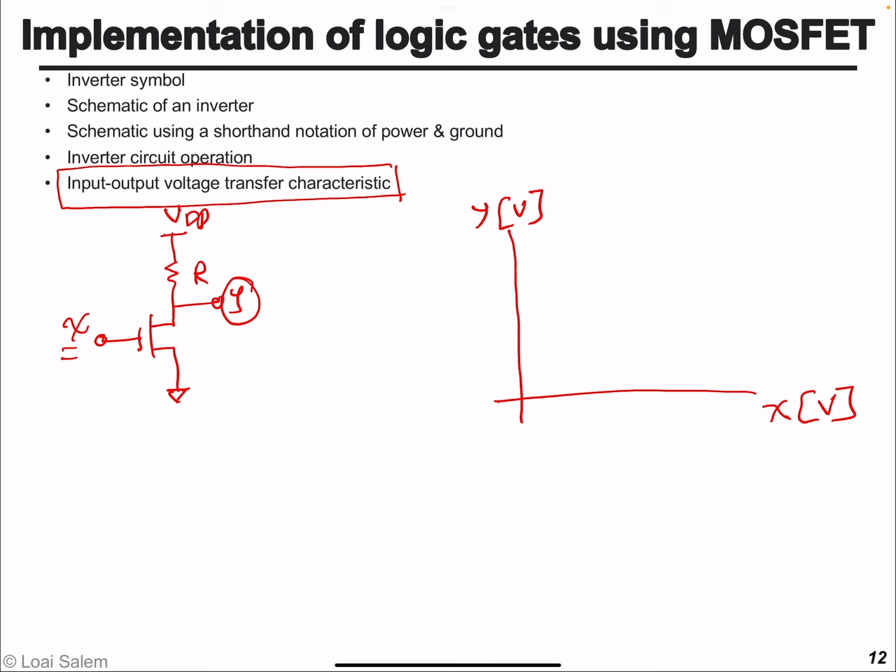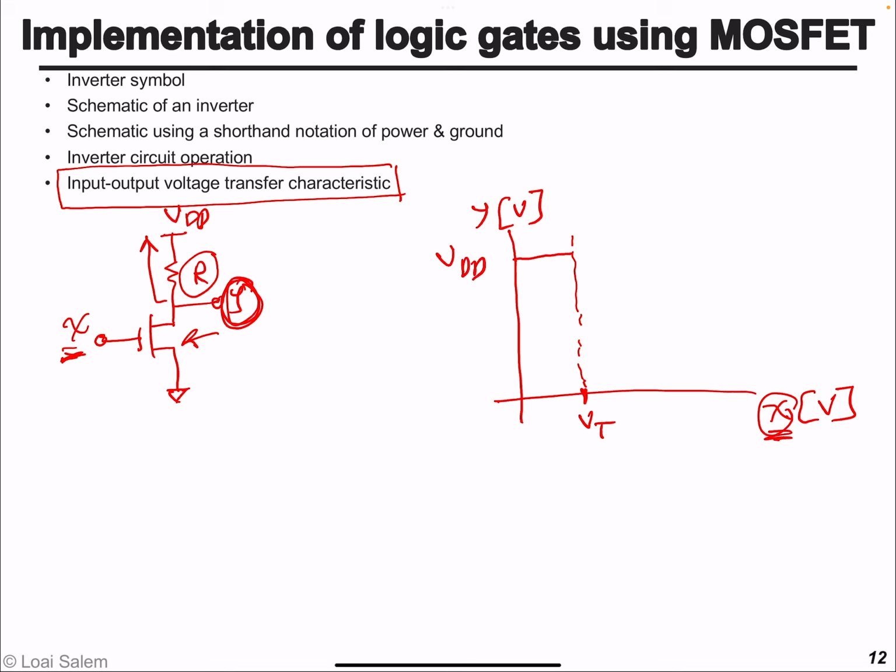And let's see. As I mentioned, if X is less than the threshold voltage, the transistor is an open circuit, so essentially no current flows in the resistor, and Y becomes equal to VDD. So for all X values less than VT, the output is basically VDD.